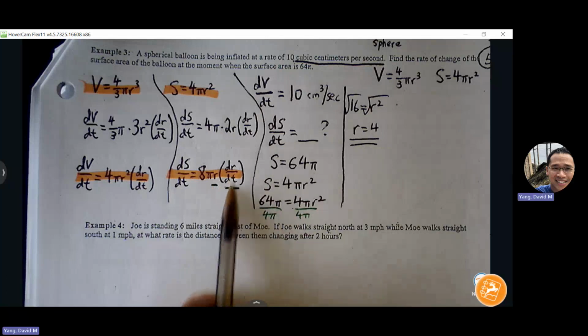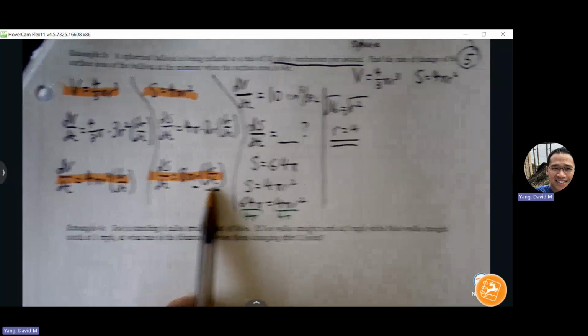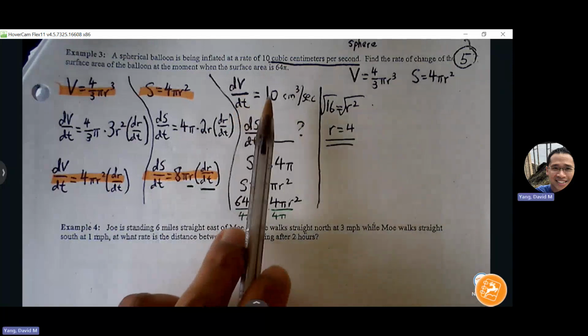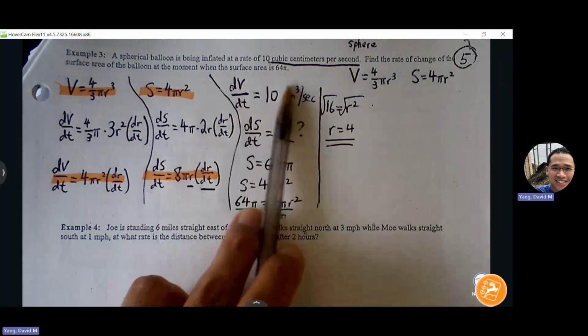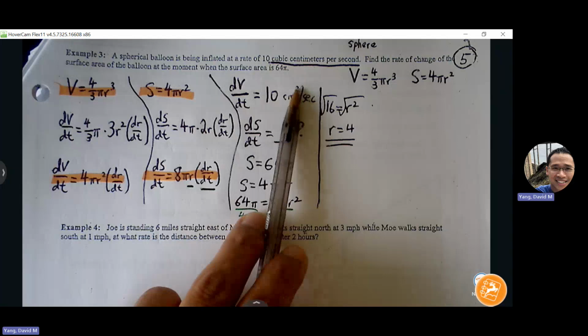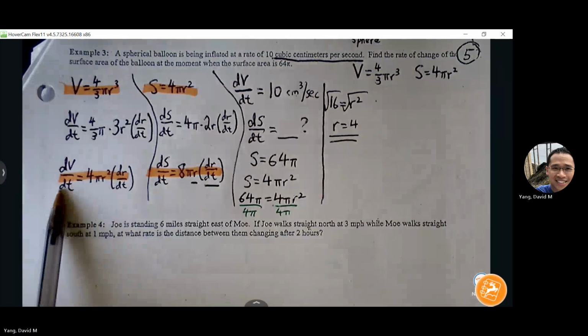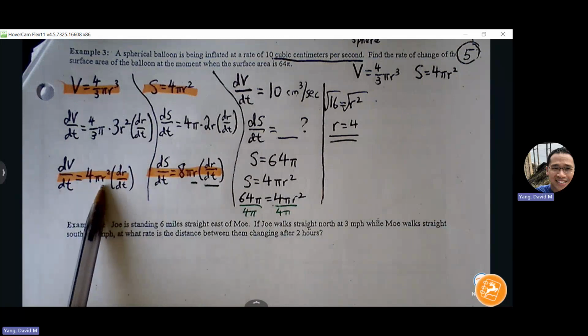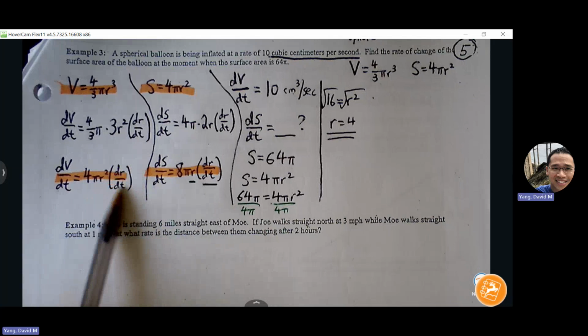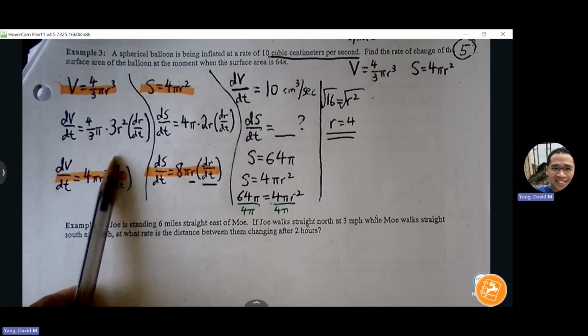I also need dr dt, but I don't have dr dt yet, but they do give us dv dt. So how can dv dt help us get to where we want to be? Good. And then if I have 10 in here, I now know what r is, right? R is 4, and that gives me the ability to solve for dr dt.